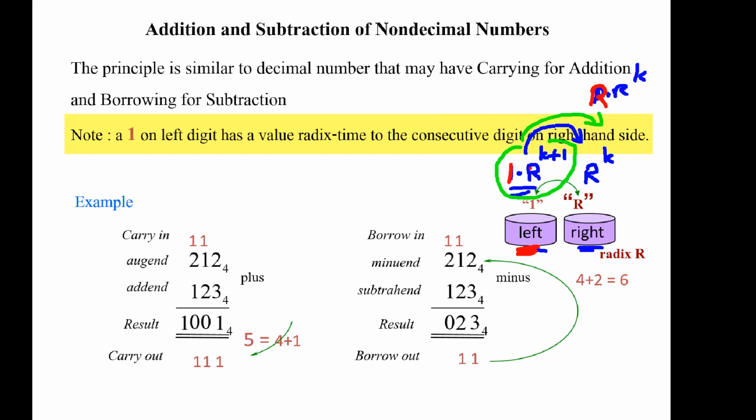When you move to the right position, the next digit on the right-hand side, its value is r, referring to this position. Or if you have a number with r, when you move to the left-hand side, it changes to 1, depending on whether you use it as a carry or borrow.